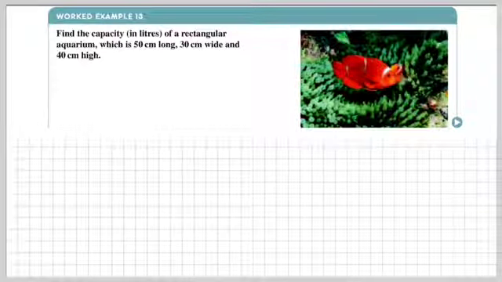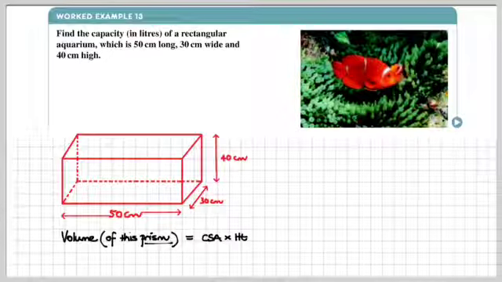It's a fish tank. Find the capacity, which means the volume to fill up in litres, of a rectangular aquarium which is 50 centimetres long, 30 centimetres wide and 40 centimetres high. And let's draw it. There it is. So what is the volume of this?